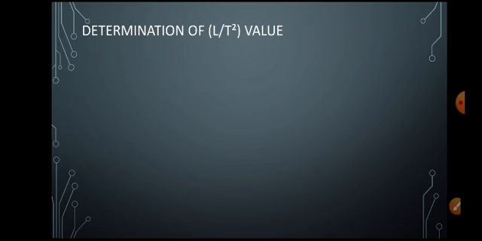So now you have to determine the time period for the length of 40 centimeter. For the length of 40 centimeter, the time taken for the 20 oscillations, say small t, is 26 seconds.